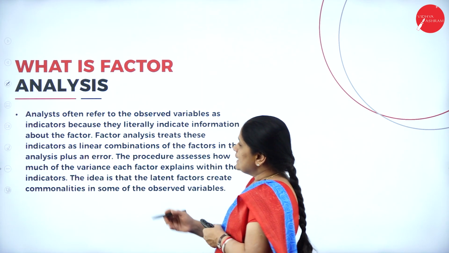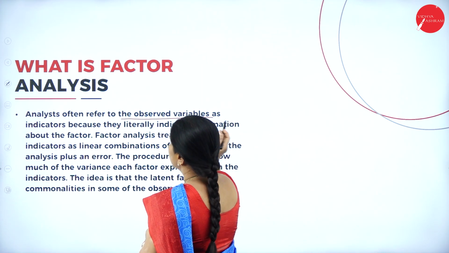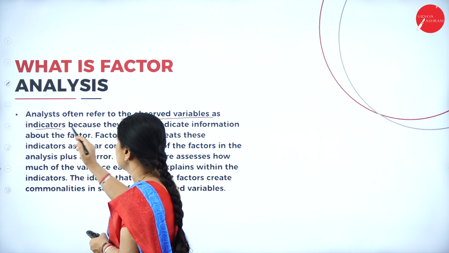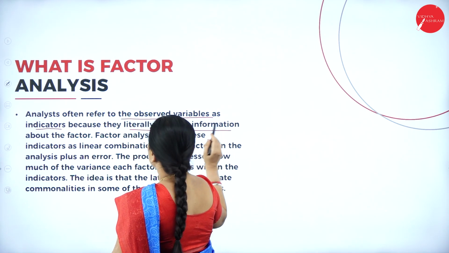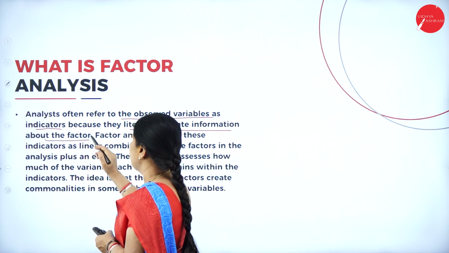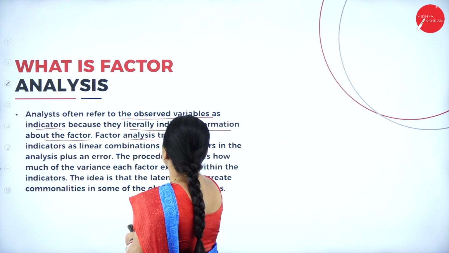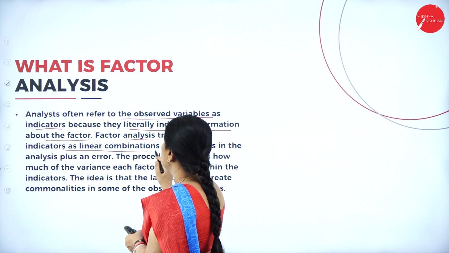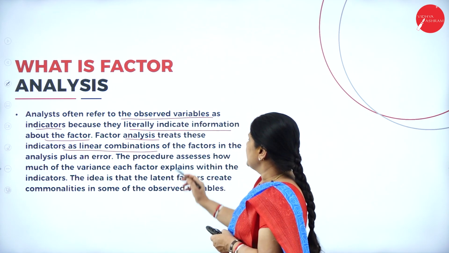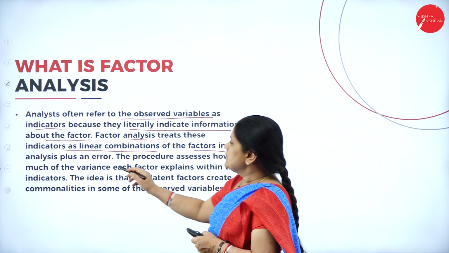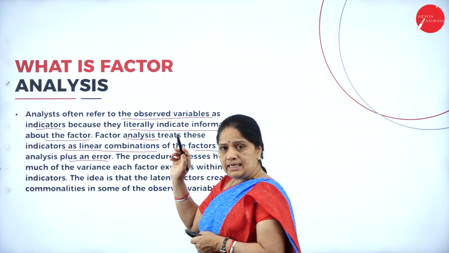Analysts often refer to observed variables as indicators because they literally indicate information about the factor. Factor analysis treats these indicators as linear combinations of the factors in the analysis plus an error.